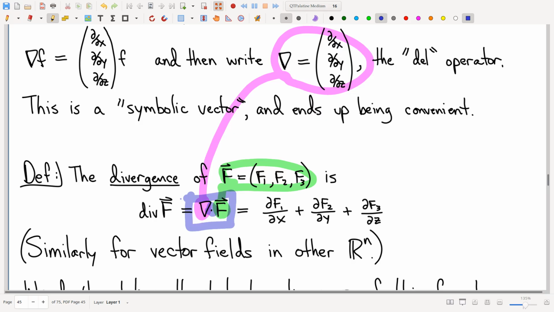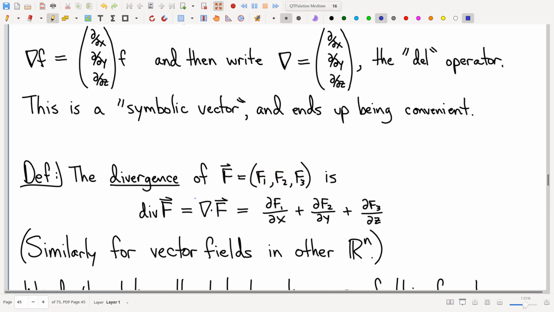How would you dot this with this? The reasonable interpretation would be to take the first coordinate here and the first coordinate there. So x partial of F1, then you'd have y partial F2, then you'd have z partial F3. Oh my God, look at that. You get exactly this formula that we just wrote down. So this is very common terminology, very common notation. Instead of writing div, people write del dot.